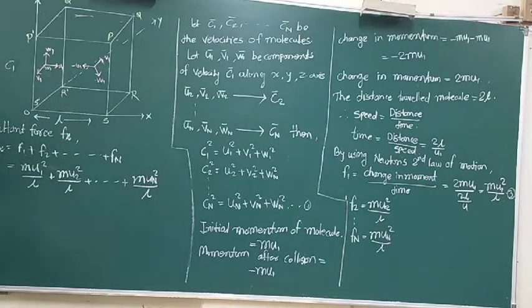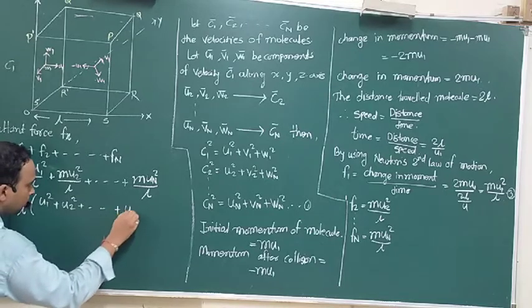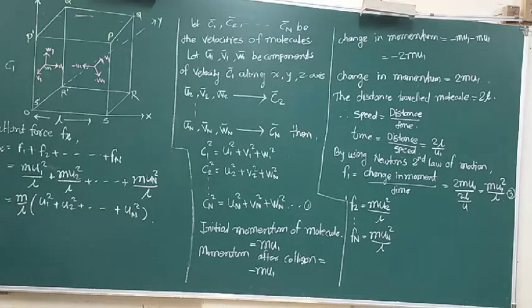Okay, so m upon n is common in each term, so taking it outside, we get m upon n into u1 square plus u2 square plus and so on un square. This is the force Fx along the x-axis.